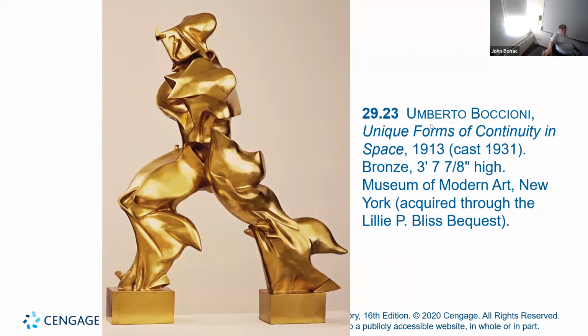Umberto Boccioni, Unique Forms of Continuity in Space. And this is a little hard to see, but it is really kind of the same idea. And this is a sort of a figure, not an anatomically correct figure, but a futuristic kind of figure.